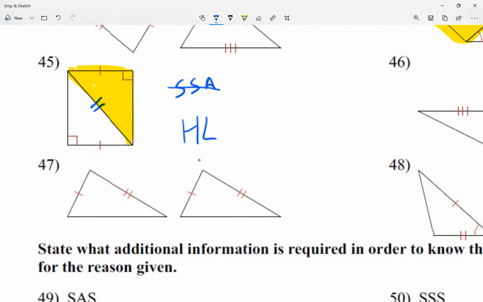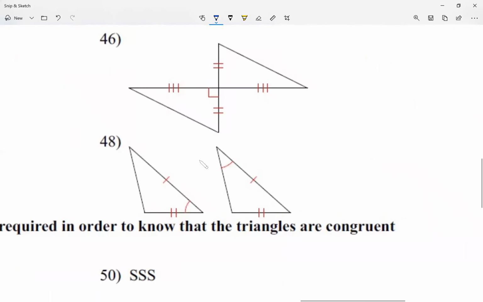Cool. Now let's take a look at number 46. I can say that angle is 90 degrees. I see there's an X form, opposite angles are equal. Now my focus is only on this triangle. I see two sides marked, so let me put my two sides.